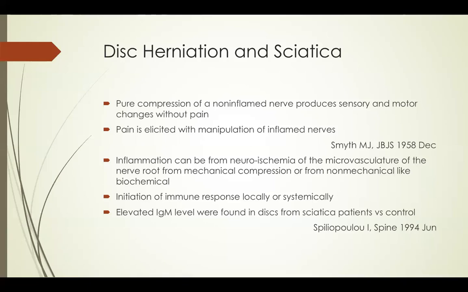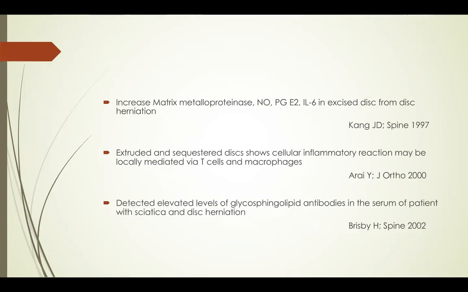There are multiple papers on the immune response. They checked elevated IgM levels in disc herniation patients and so on. Other papers show increased inflammatory reactions, and whenever you have a disc herniation, they find increased levels of all the inflammatory markers.